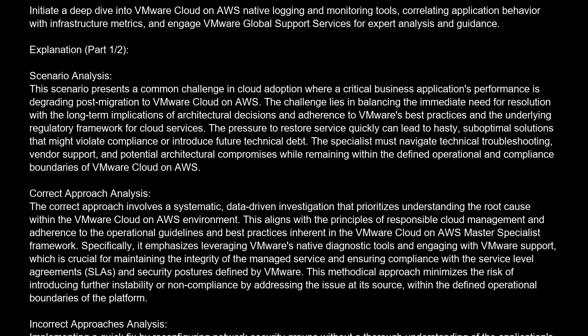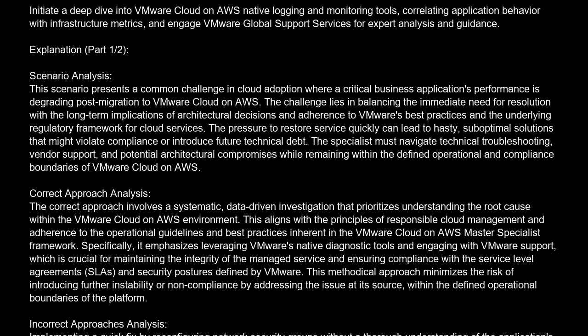Specifically, it emphasizes leveraging VMware's native diagnostic tools and engaging with VMware support, which is crucial for maintaining the integrity of the managed service and ensuring compliance with the service level agreements, SLAs, and security postures defined by VMware. This methodical approach minimizes the risk of introducing further instability or non-compliance by addressing the issue at its source, within the defined operational boundaries of the platform.